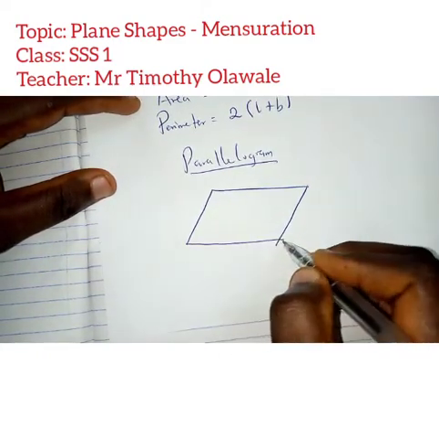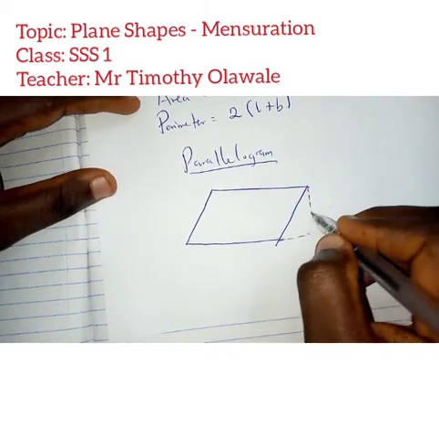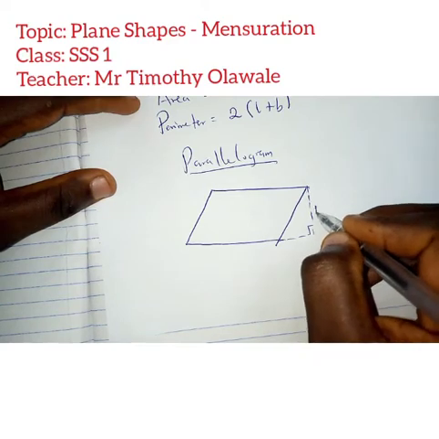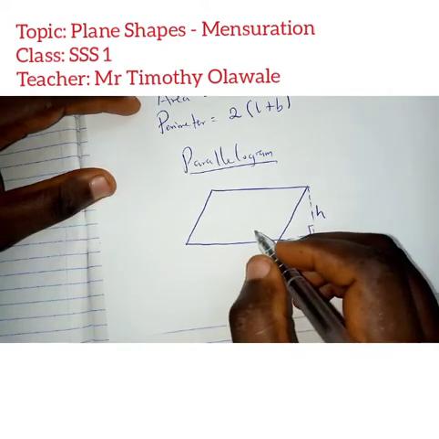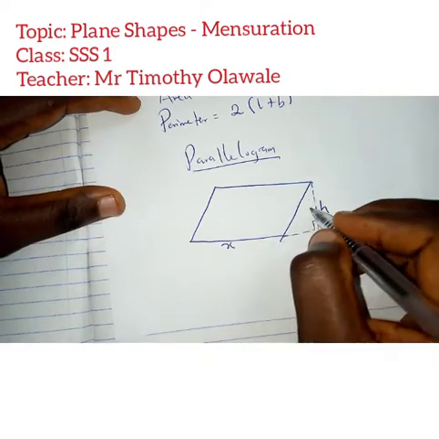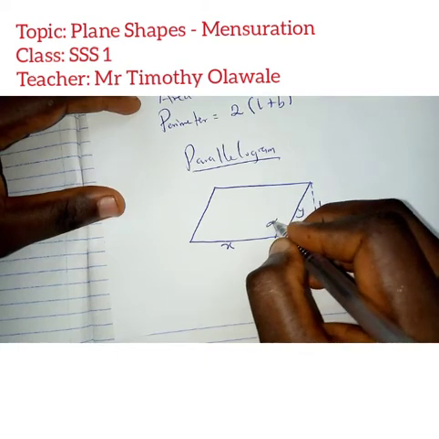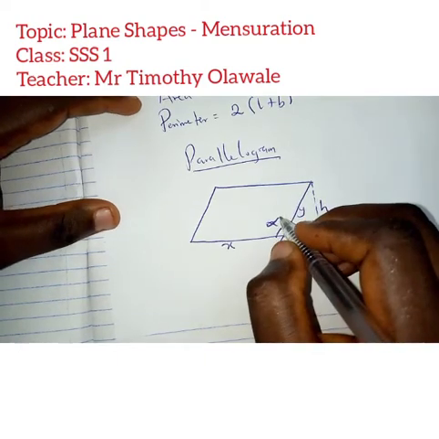I used to call it a bent rectangle, and we can bring out a height here. Now we call this X, and we can call this Y. We can pick an angle here, which we call alpha. Are you with me?